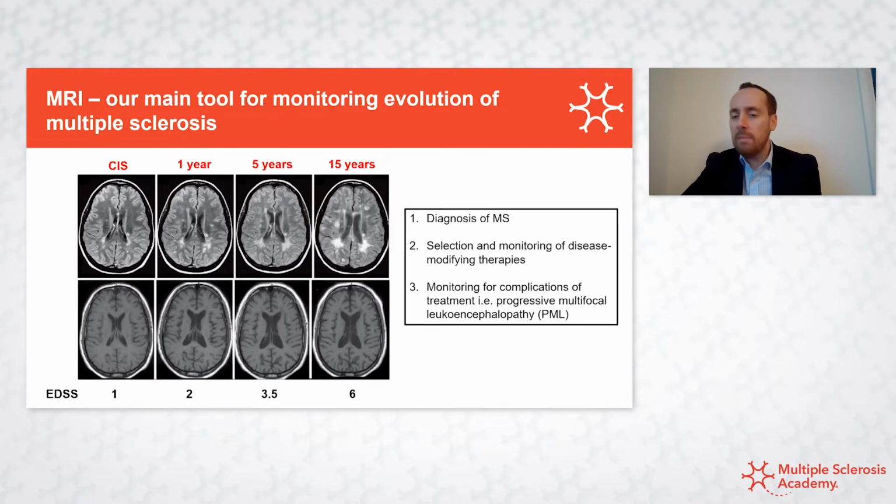And really, MRI has three main roles or tools. It's helpful in establishing a diagnosis of MS and differential diagnosis. It's useful for the selection and monitoring of response to disease-modifying therapies, and that's going to be our main focus for discussions today. And it can also be very helpful in monitoring for the complications of the treatment that we use, and principally that's PML.